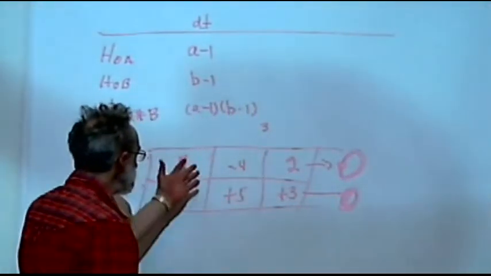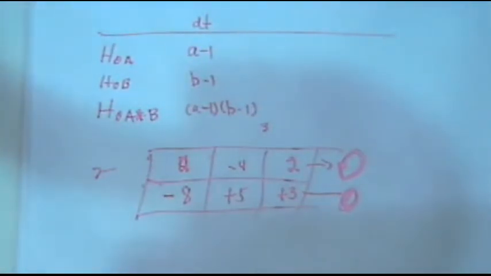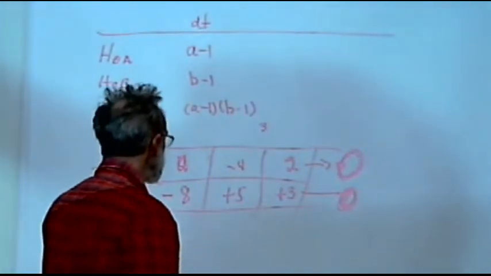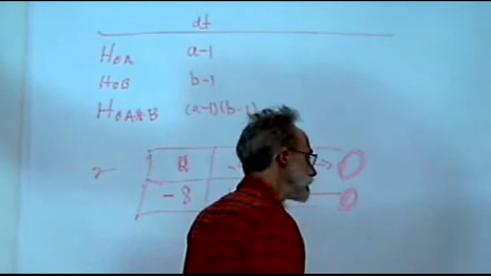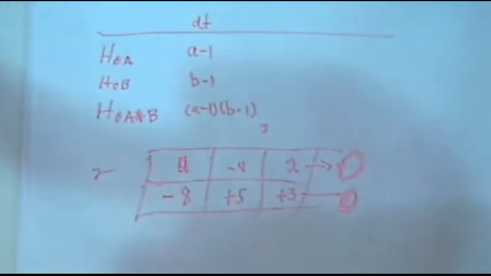There's a disaster in the middle. They're all different. And it definitely matters what row you're in. So this would definitely be an interaction. You have to go across the rows here.